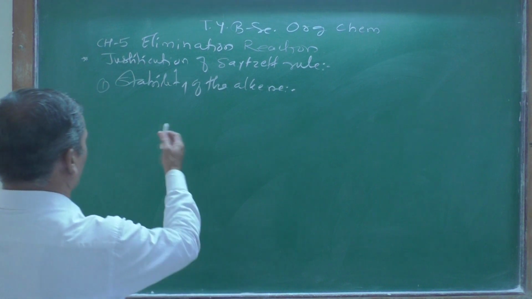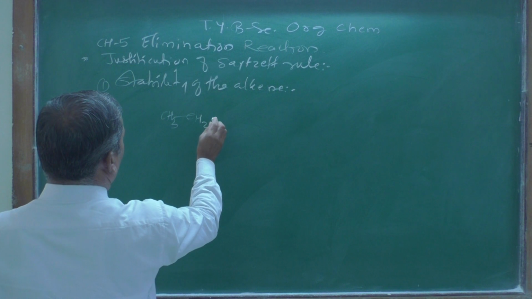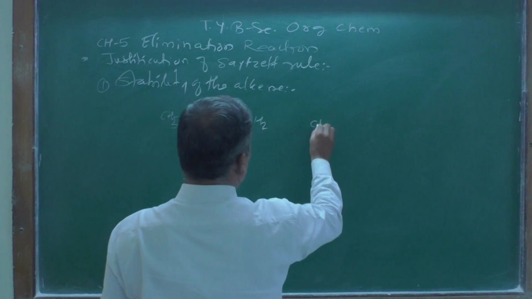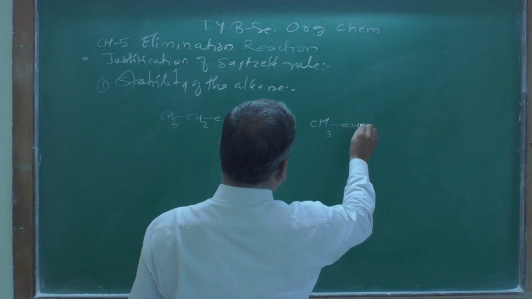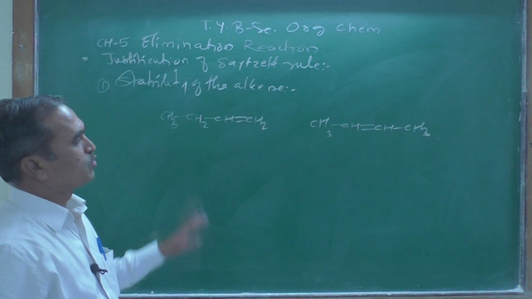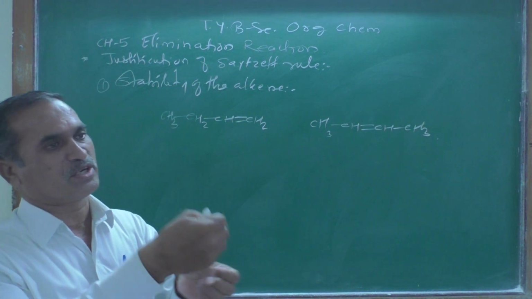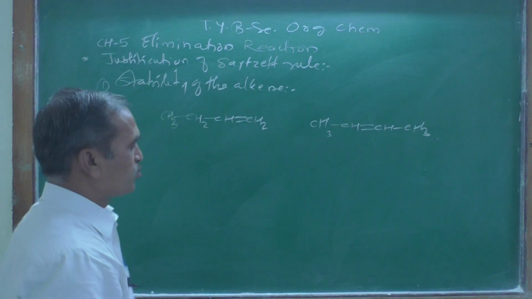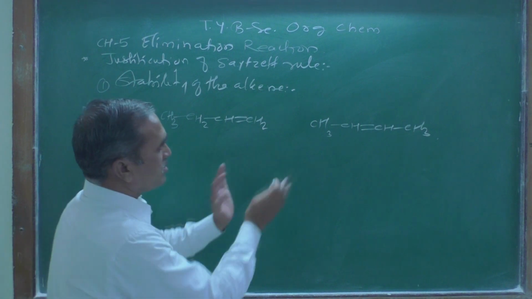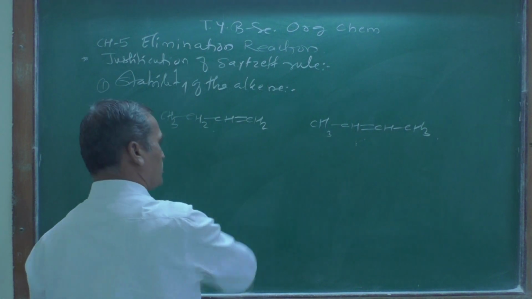For example, in the case of CH3CH2CH=CH2, and another one, CH3CH=CHCH3, there are two isomers. Isomer means what? Having the same molecular formula but different structures are known as isomers, and the phenomenon is known as isomerism. Now among these two, which one is more stable? This one should be more stable, this one is less.